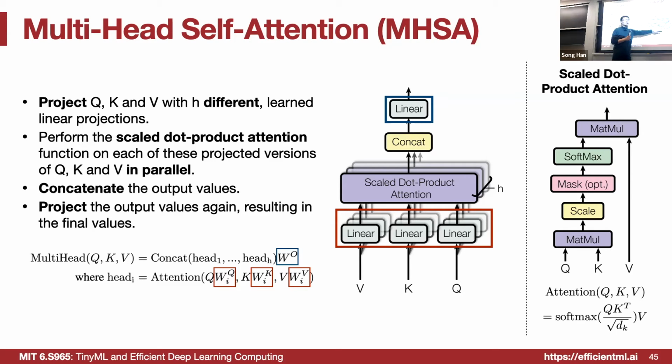So after this linear layer, which corresponds to these red parts, we put it into this scaled dot product attention, which is on the right hand side, and also finally we pass it through another linear. Okay? So basically, there's matrix multiplication, another two matrix multiplications, and another matrix multiplication. Okay. So this is basically the architecture of multi-head attention.